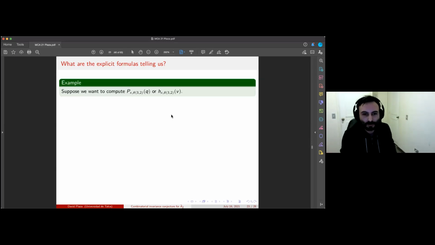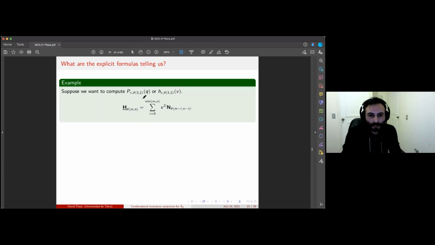So suppose we want to compute P_{x,θ32}, or equivalently H_{x,θ32}. Okay, and in any case, we need to focus first on the second index of a Kazhdan-Lusztig polynomial and use the corresponding formula for the Kazhdan-Lusztig basis element.